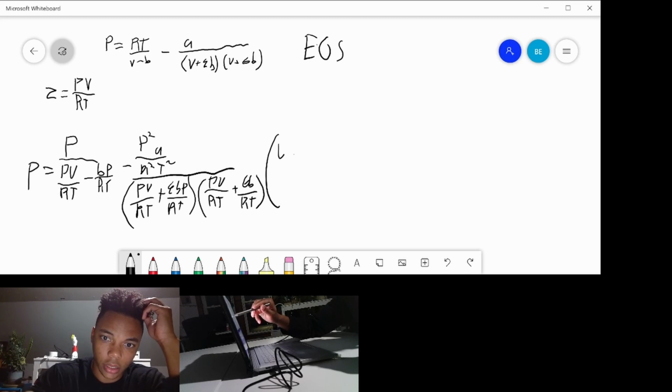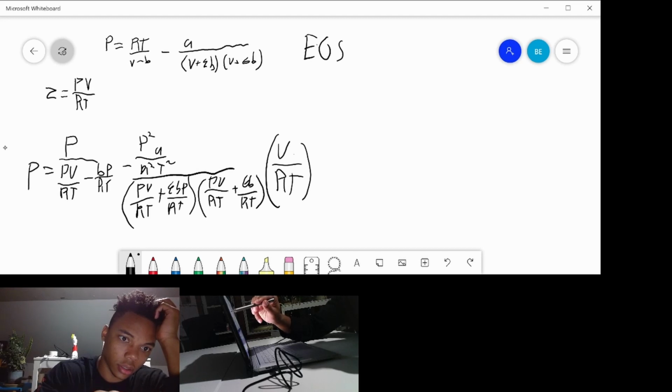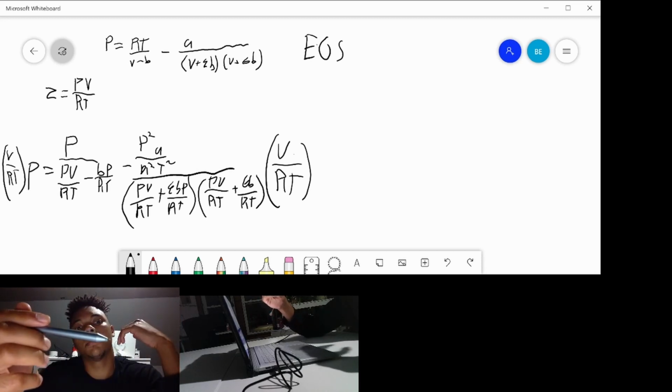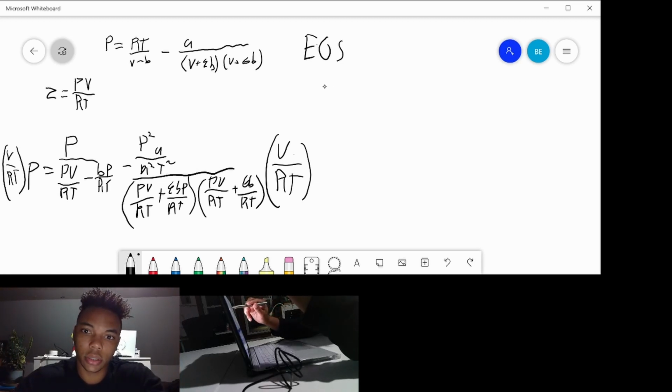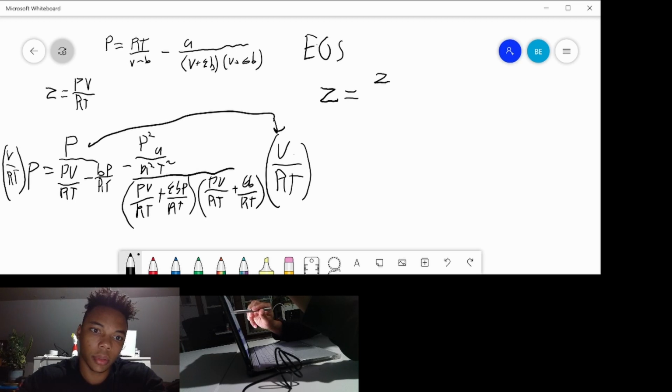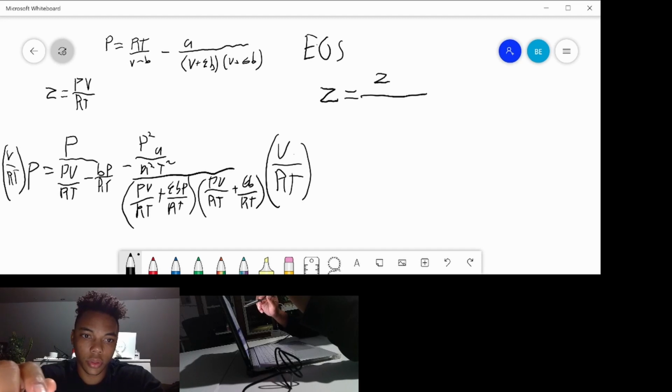We're actually going to do this on both sides: V over RT and V over RT. And since we know that Z, our compressibility factor, is equal to PV over RT, I'm going to rewrite that here as Z equals Z, because this multiplied by that, over, we already have a PV over RT on the bottom.